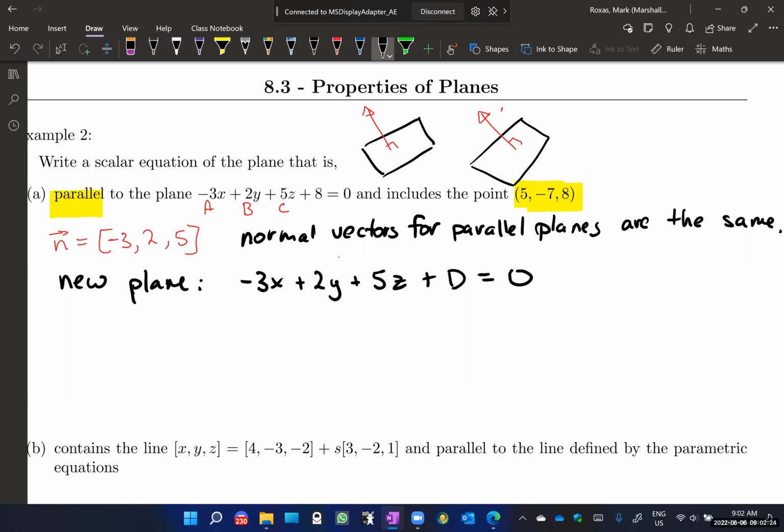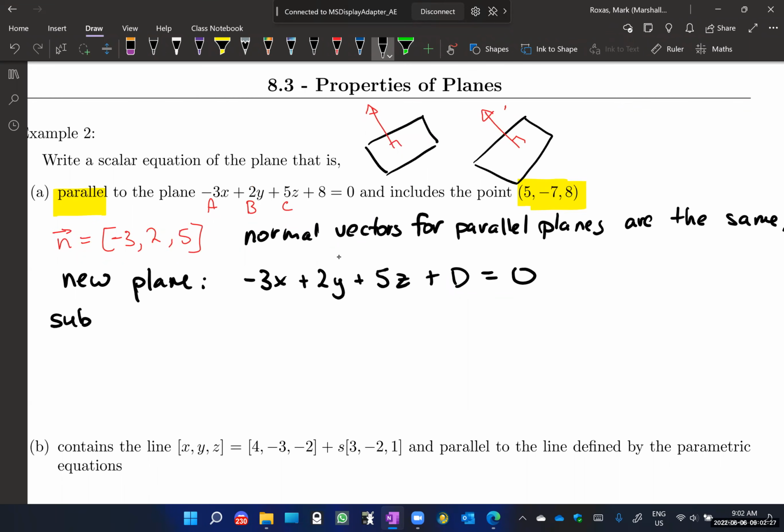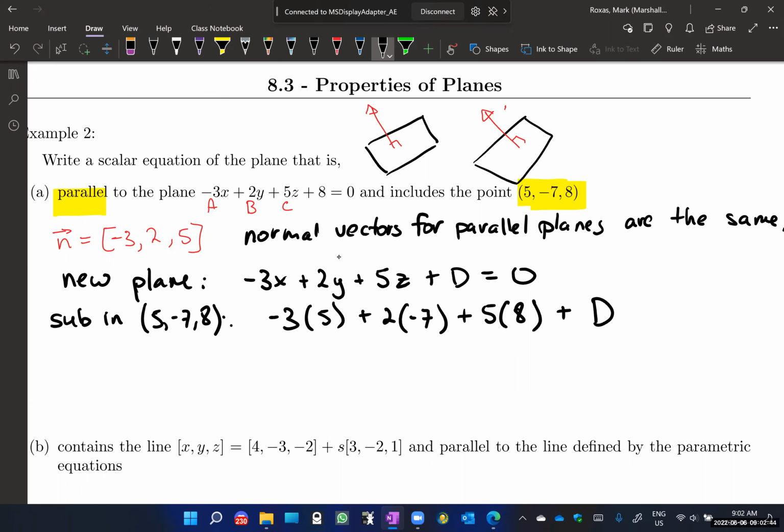So what we do know is that we are given a point on the new plane, okay? And if we're given a point, we're going to sub it in. So sub in 5, -7, and 8. So if I substitute that, I get -3 times 5 plus 2 times -7 plus 5 times 8 plus that constant that we have to solve for, okay?